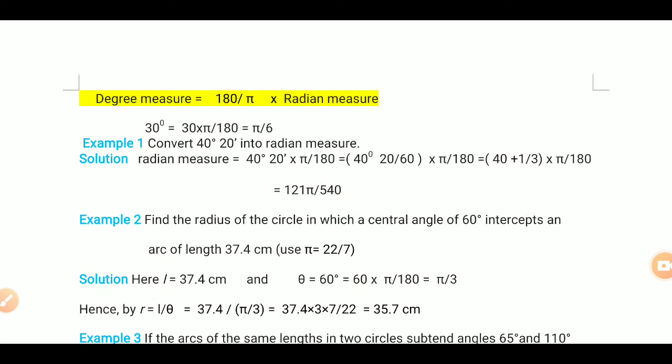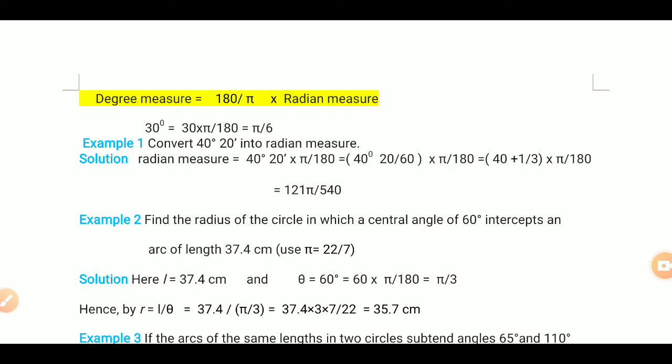Now there are a few examples. Convert 40 degree 20 minute into radian measure. To get radian measure, we multiply the degree measure by pi by 180.